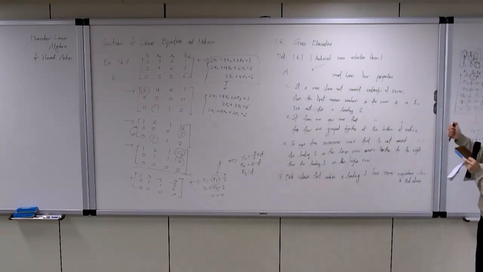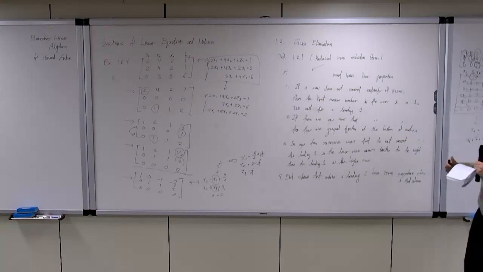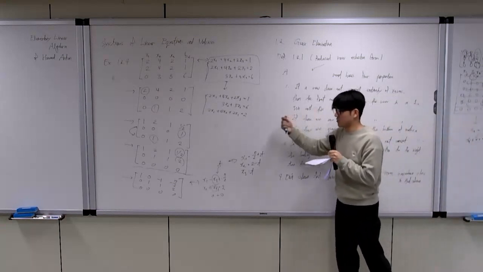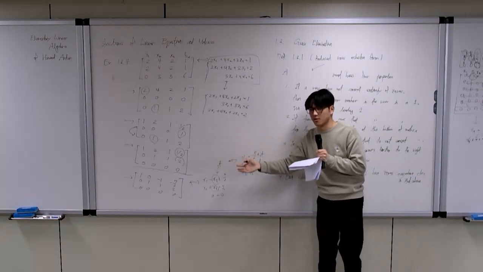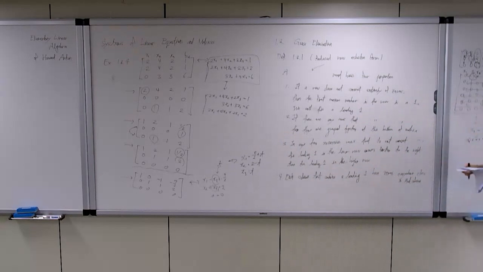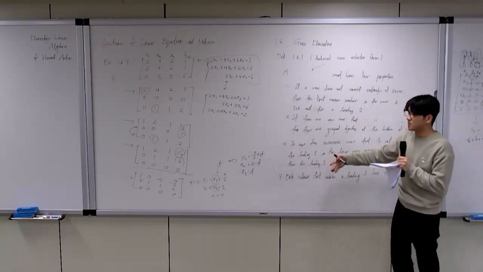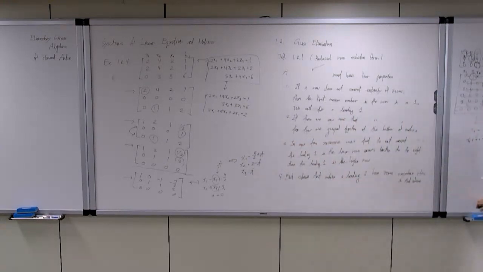So the reduced row echelon form gives infinite solutions, and also it answers the existence of solutions, and that means we can get the solution sets more easily.